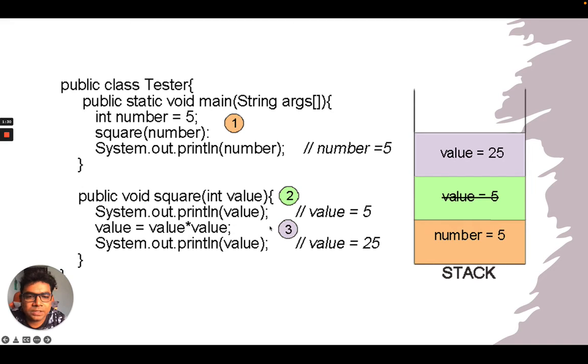On the left hand side, if I print, the first value will be 5, and the second value after square will be 25. But in the main method from where it is passed, if I print it, it will again return the same value. Why? Because they point to different memory locations, and it is just passed by value, not passed by reference. So in the case of primitives, it is always passed by value.